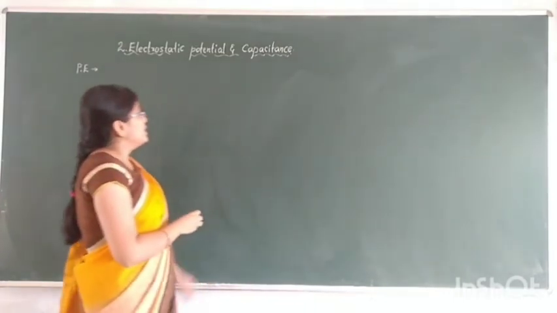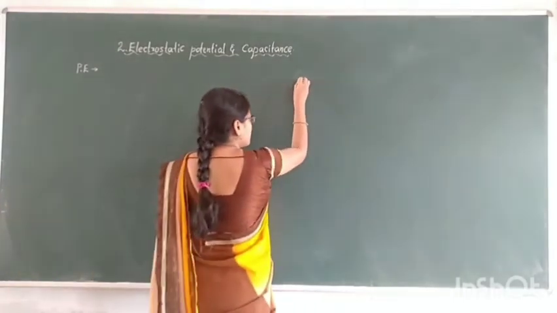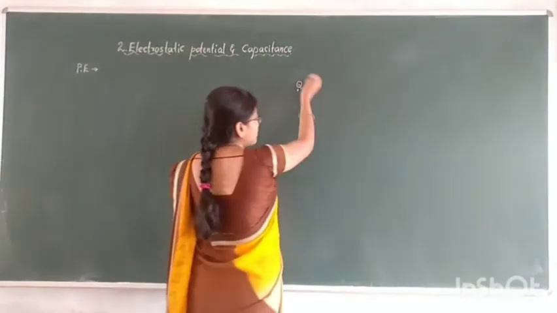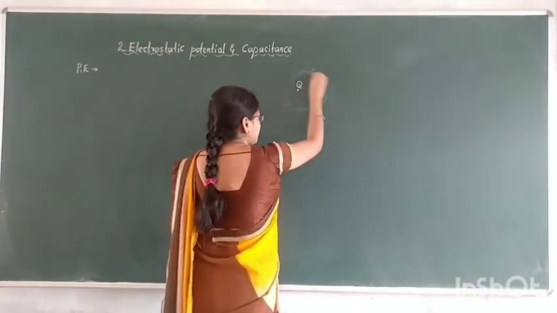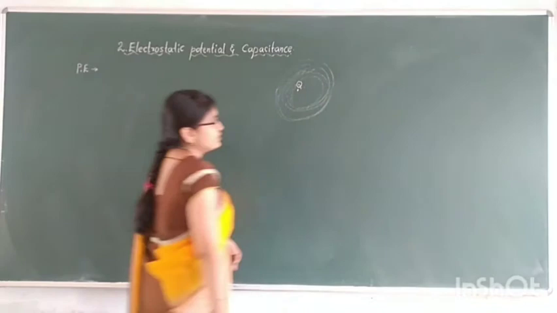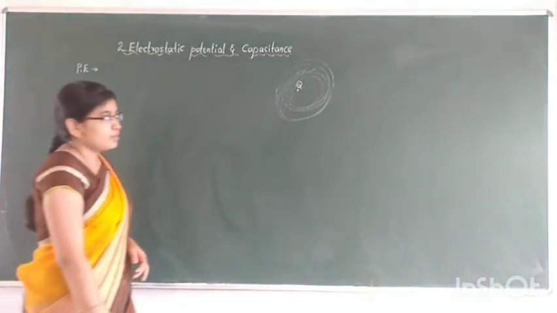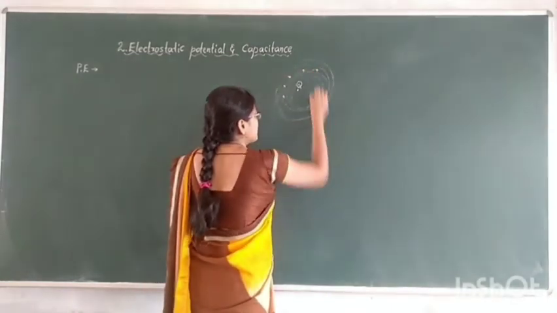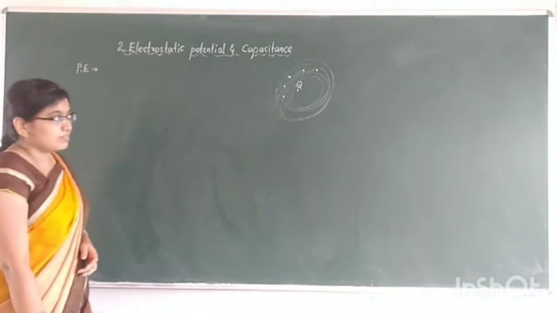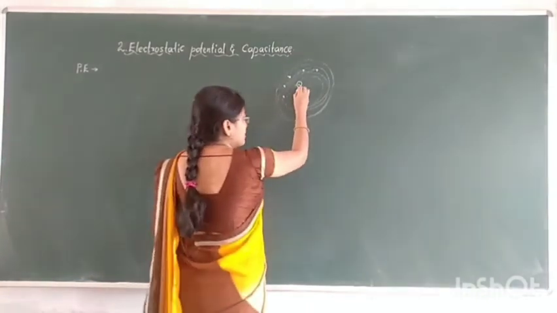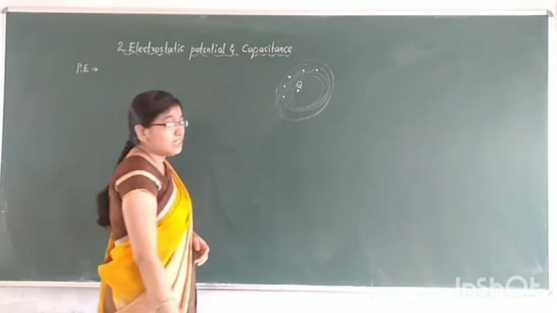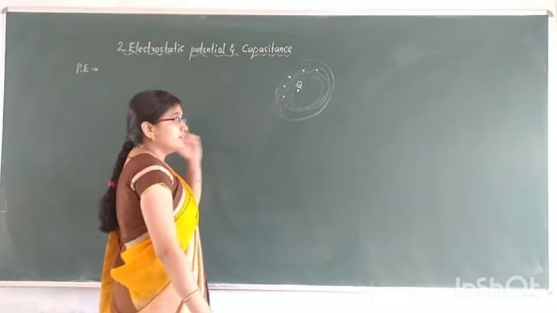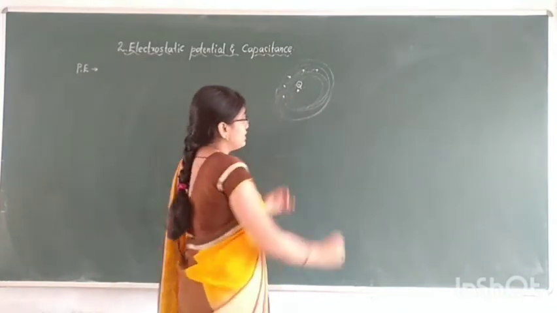Similarly, if a source charge Q is placed at any point in a region of space, then an electric field is created around this source charge.